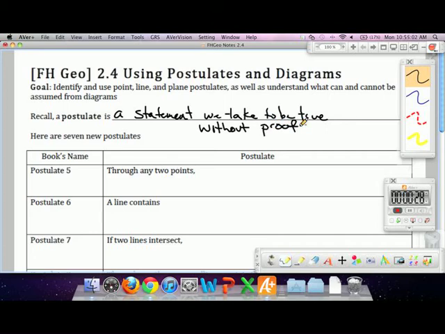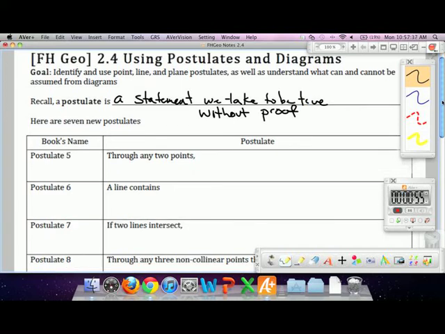It's more in tune with what's called an axiom. It's very similar to an axiom, or the basic rules of our system. A postulate is one of those rules that it's just there. It's true, and we're going to build off of that. So let's look through these as quick as we can.